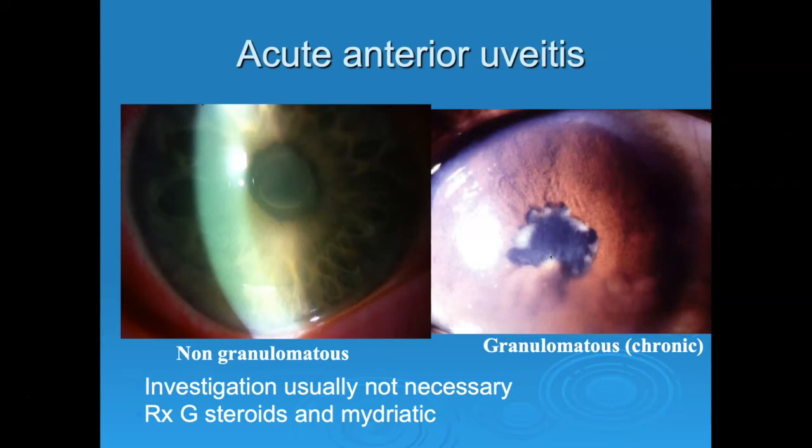Now, the terminology here is difficult because you will sometimes hear uveitis, iritis, and anterior uveitis used for exactly the same thing. They all just mean an inflammation of the front of the eye. The symptoms are of photophobia, that is exquisite pain on exposure to light, and a deep aching pain.